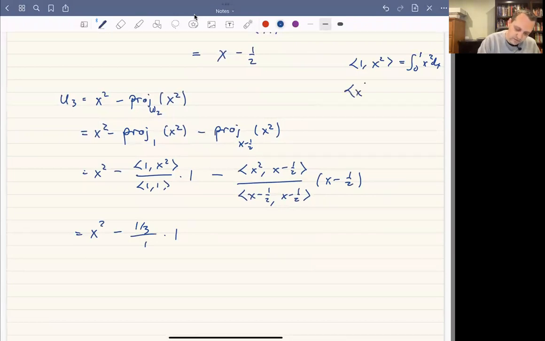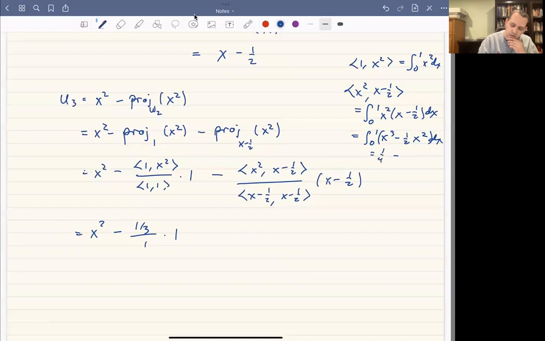So we have the inner product of X squared with X minus 1/2. That's going to be the integral of X squared times X minus 1/2. And let's see, that's going to be the integral of X cubed minus 1/2 X squared. And so that's going to be 1/4 minus 1/6. So help me out here.